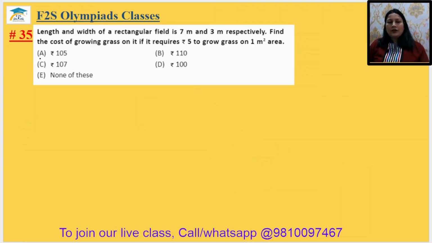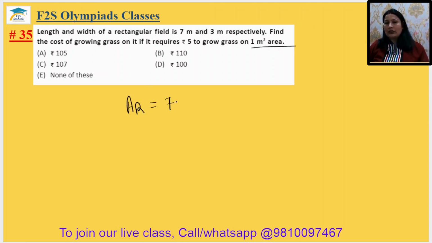35. Length and width of a rectangular field is 7 meter and 3 meter respectively. Find the cost of growing grass on it if it requires rupees 5 to grow grass on 1 meter square area. So first we have to find the area of the rectangle.